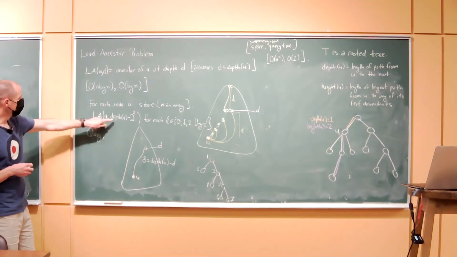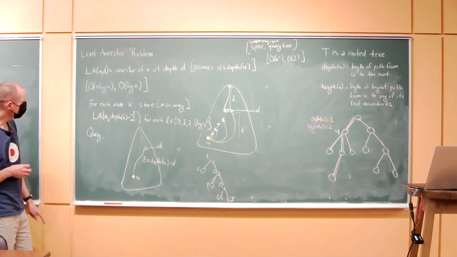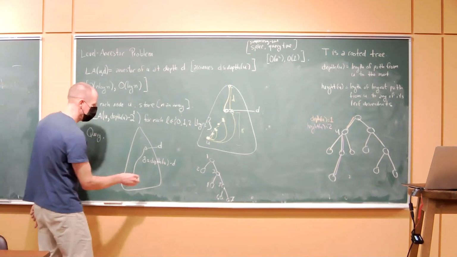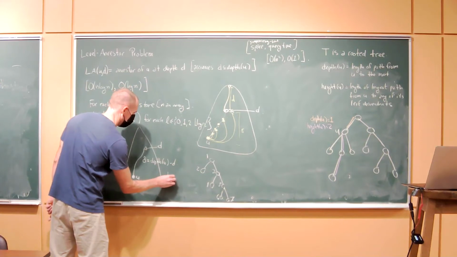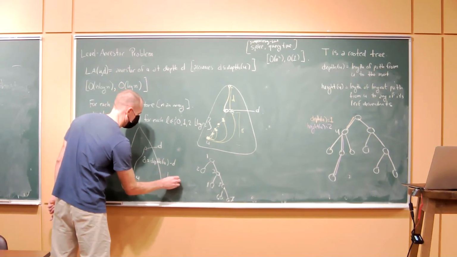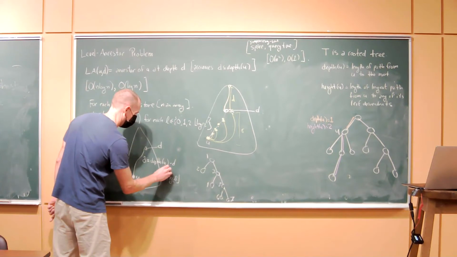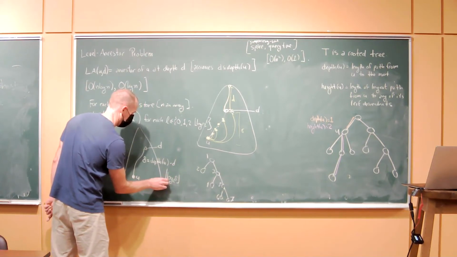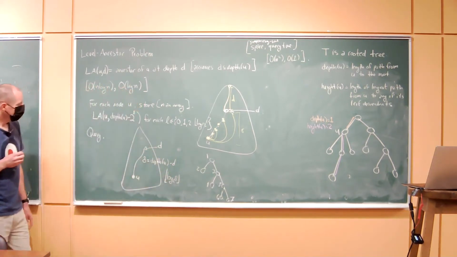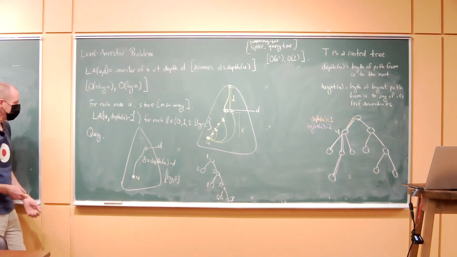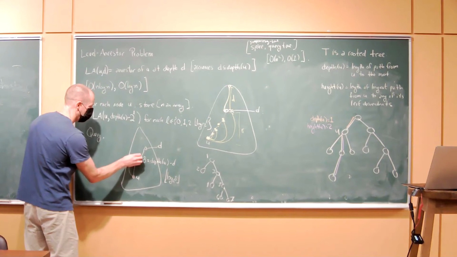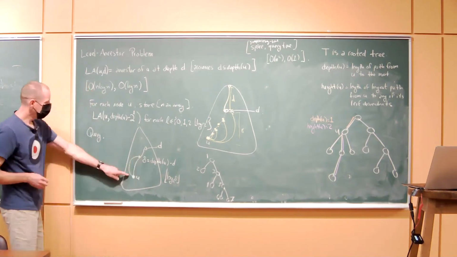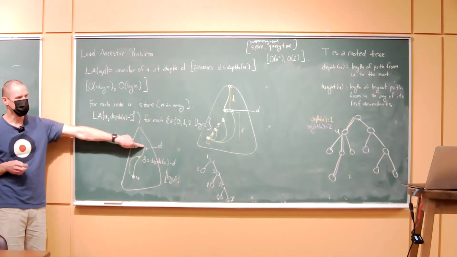And now I look in this array for the element at index log base 2 of delta, floor. And if you do that, what you'll find is a pointer to an ancestor of u, which takes you at least halfway to the answer.